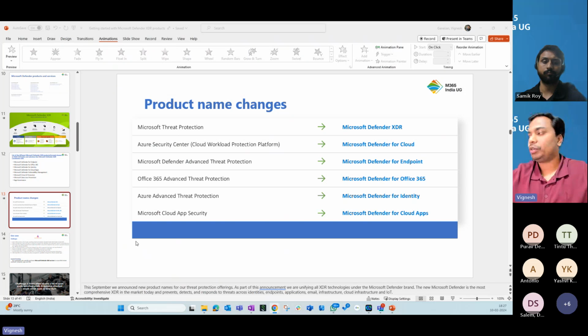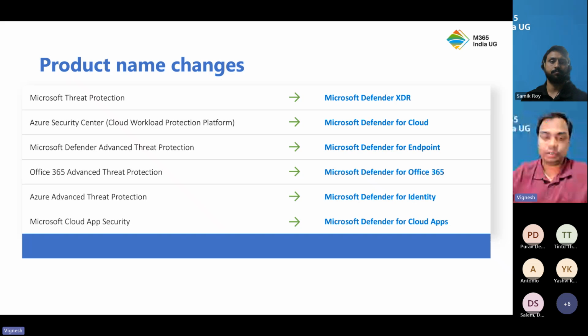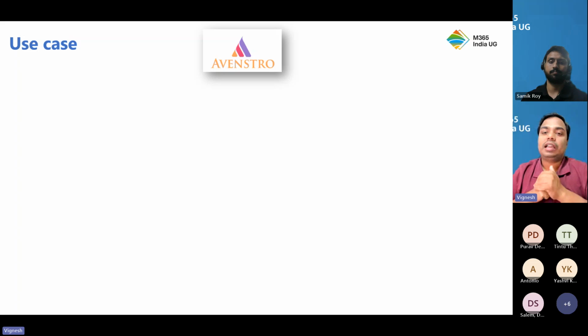So now that we have spoken about what is an XDR and what the different products within the Microsoft Defender XDR are, let me take this a bit further. What we are going to do is come up with a use case, and then we'll see what challenge this particular organization is facing and how the Microsoft Defender XDR suite is helping this organization to overcome these challenges, right?